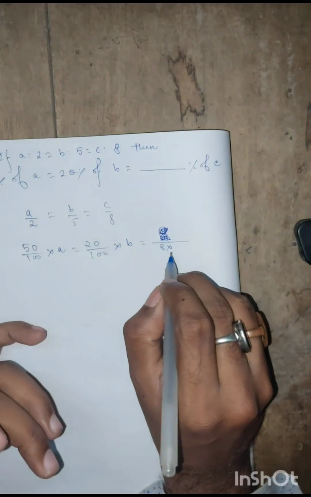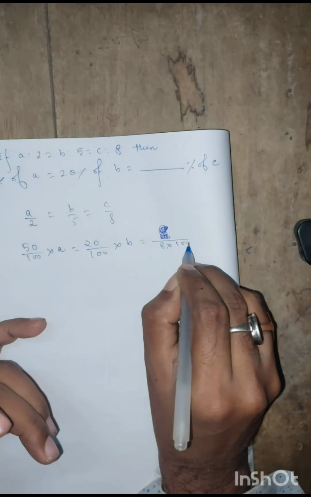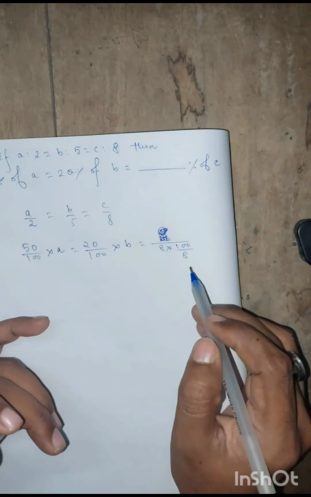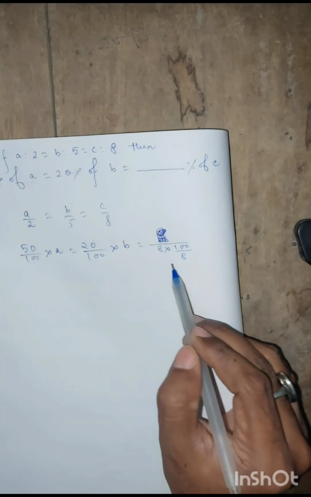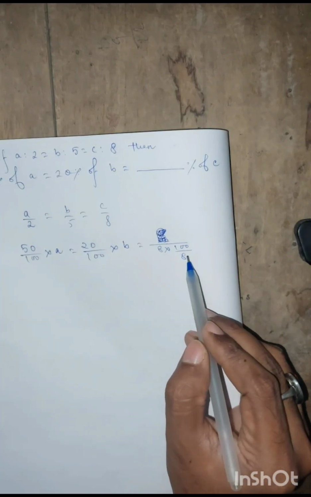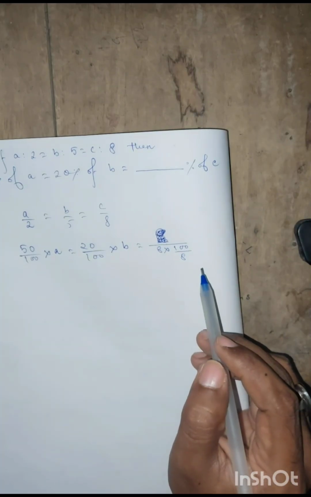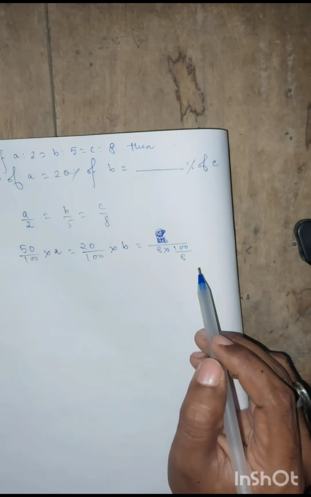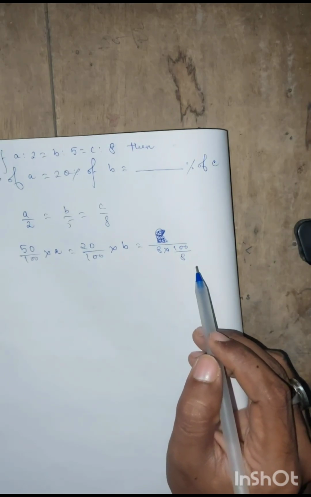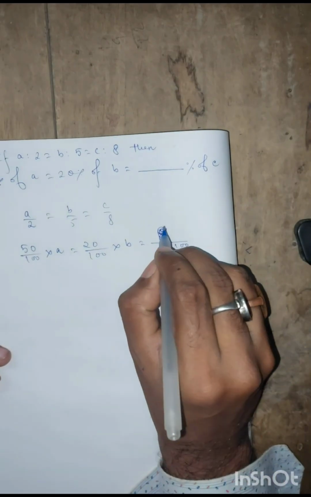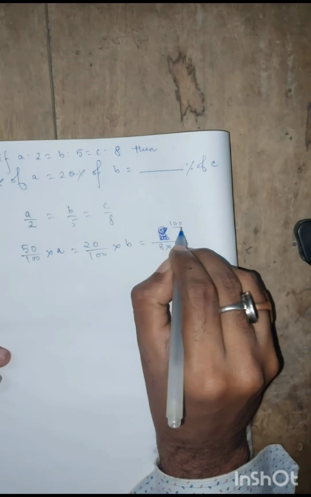So let us multiply it by 100 by 8. So in the denominator we are getting 100, and similarly in the numerator we should write 100 by 8.